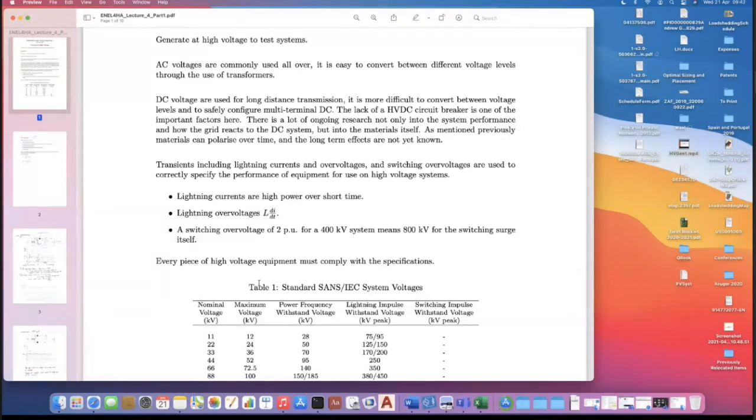Switching over voltages are something interesting as well. We just touch on it in this course, and then we touch on it in high voltage too. So simply switching your light switch at home. I'm not sure how many people this has happened to, but sometimes you get a bit of a flicker. So there's a transient over voltage there.